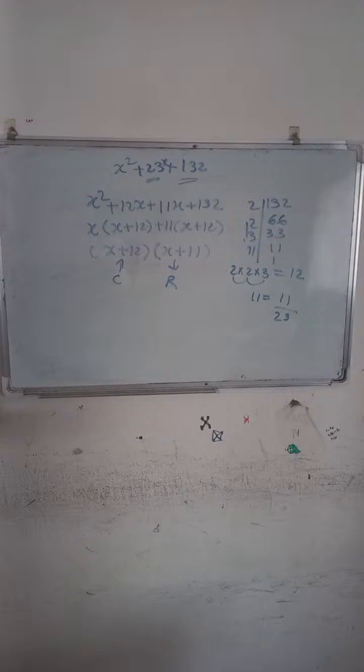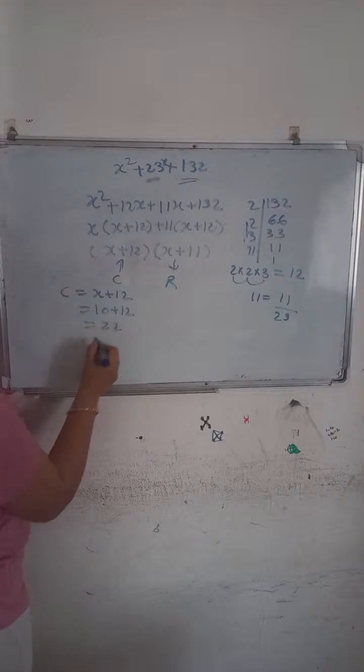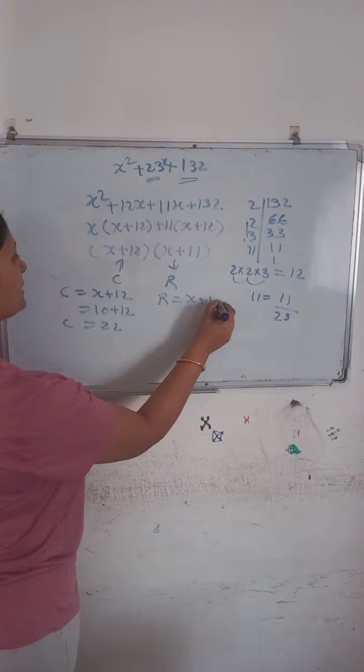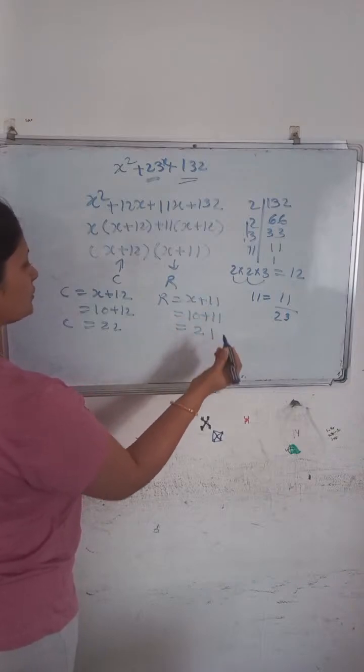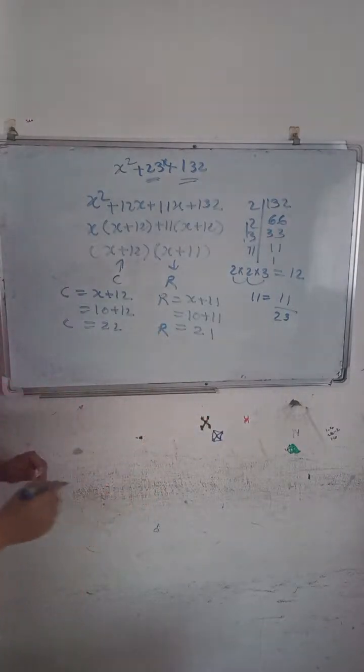Then find the number of rows and columns if x is equal to 10. So columns are x plus 12, so 10 plus 12 is 22 columns, and rows are x plus 11, that is 10 plus 11, which is 21. Understood?